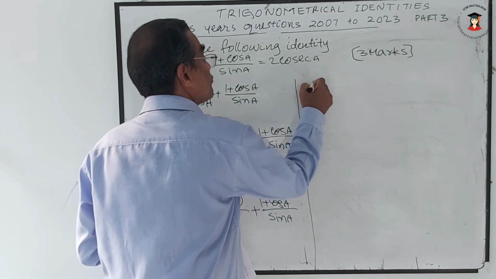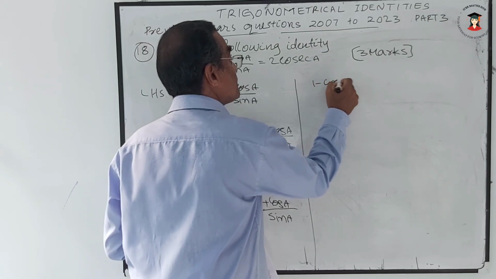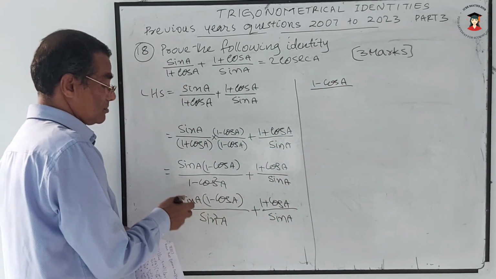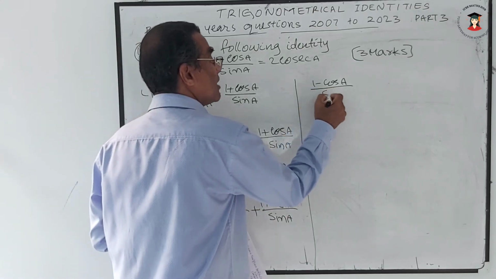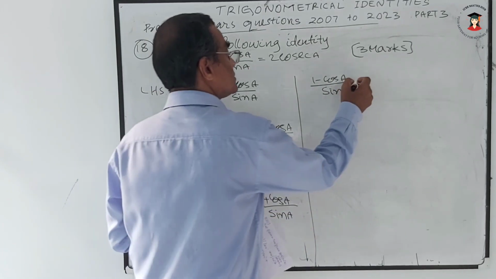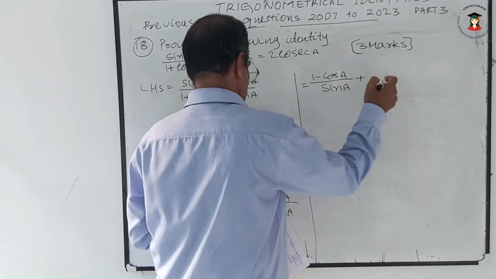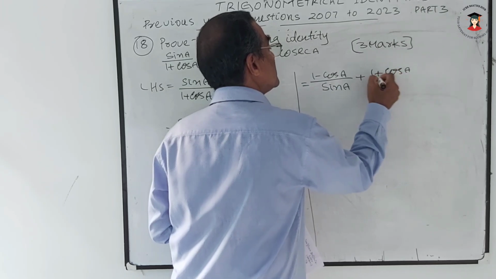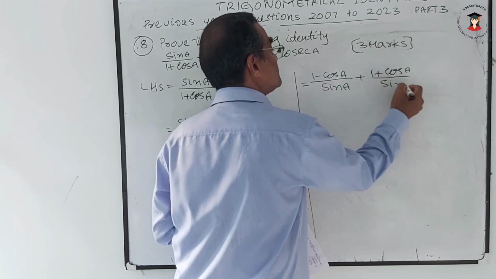So, in the numerator is 1 minus cos A divided by, sin A has gone, so there is only 1 sin A, plus 1 plus cos A divided by sin A.